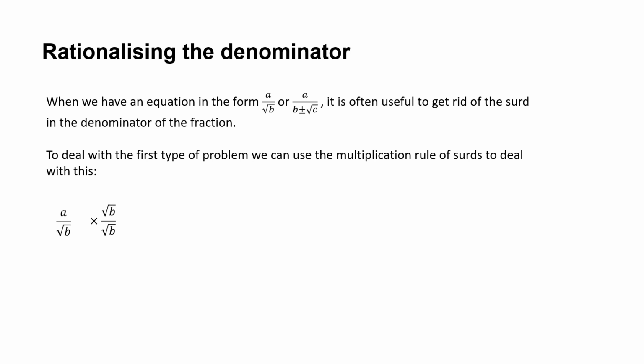If we do this, this is going to give us a times root b on the top, and on the bottom, a root times a root, or root b times root b, is just going to be b. So you can see that the surd has moved to the top, and we no longer have a surd in the denominator, which I've written here.